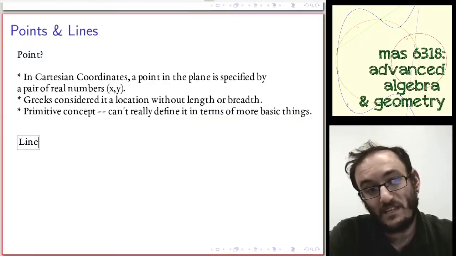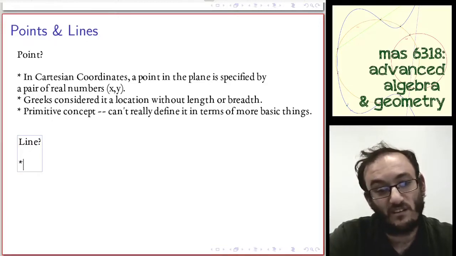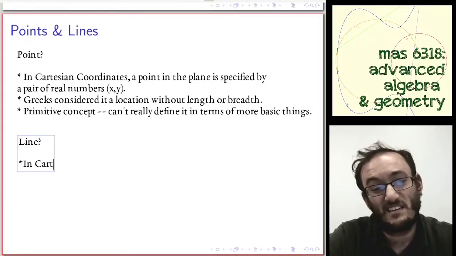And we can say something similar about a line. In Cartesian coordinates, this is easy.